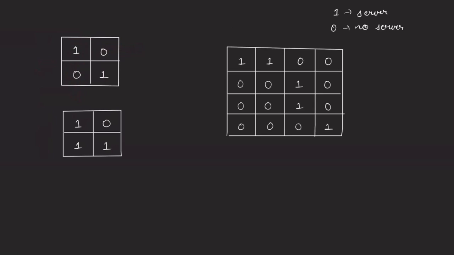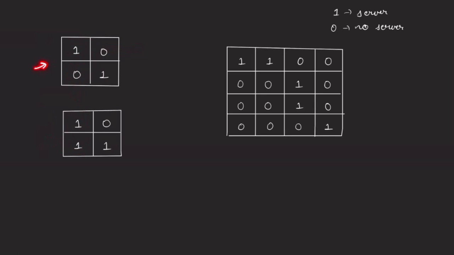So for example, if we see here, this is a server, on its same column we have another server, right? So these two can communicate with each other, right? Now our goal is to identify how many servers in our grid are communicable. Basically, how many of the servers can communicate with any other server, right? So that count we need to return.